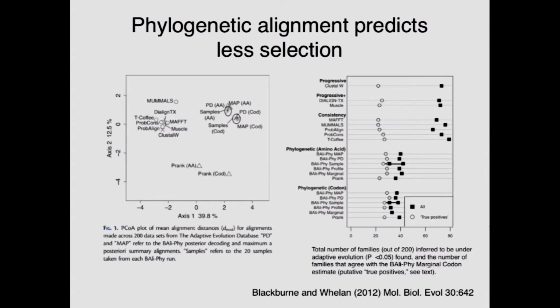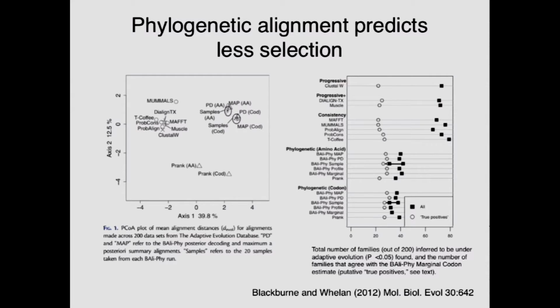And basically what they see is that after they've done their principal components analysis, we have these three clusters. So this is all of our standard successive pairwise, or iterative sum of pairs alignment methods. We've got MUSCLE, and we've got MAFFT, and we've got Clustal W, and we've got T-Coffee, and we've got some other guys. And down over here, we've got PRANK, which is the one that likes to put gaps in.